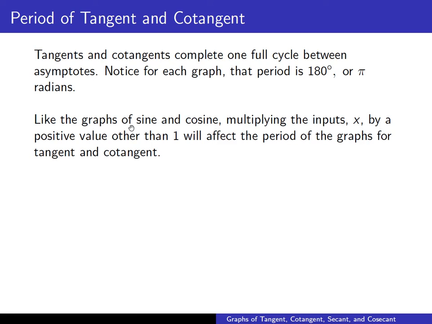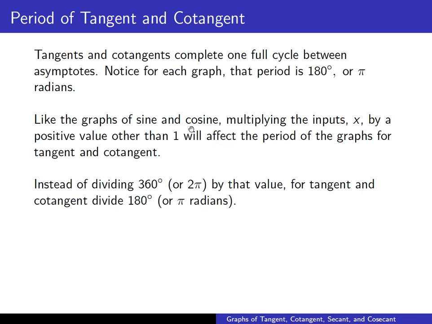And so like the graphs of sine and cosine, multiplying your inputs, your x values, by a positive value other than 1 is going to affect the period of the graphs for tangent and cotangent. So instead of dividing 360 or 2 pi by that value like we did for sine and cosine, with tangent and cotangent, we're only going to divide 180 degrees or pi. So that's another key difference between tangent and cotangent versus sine and cosine.